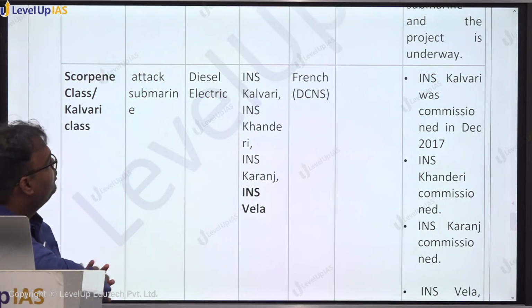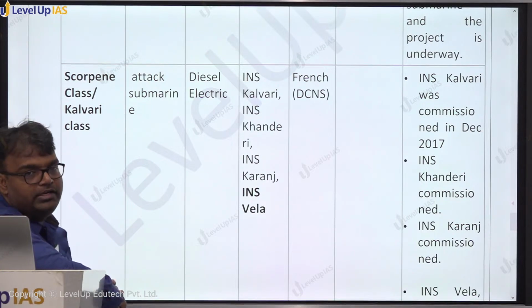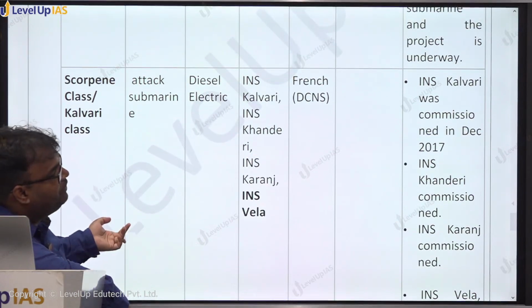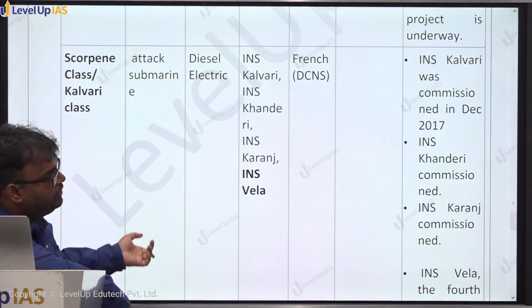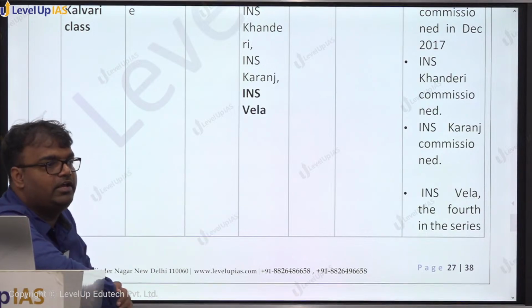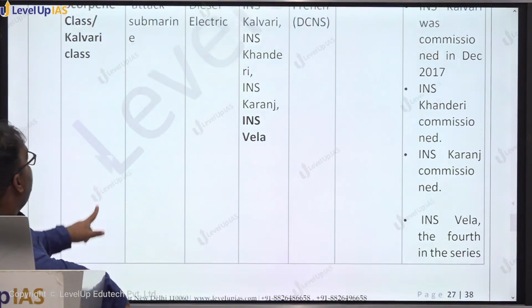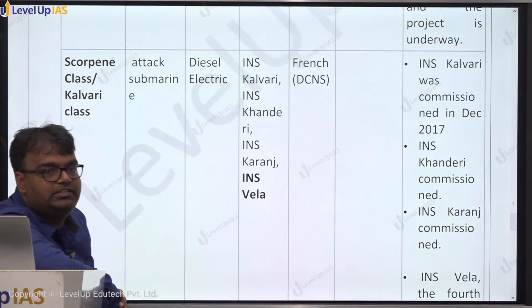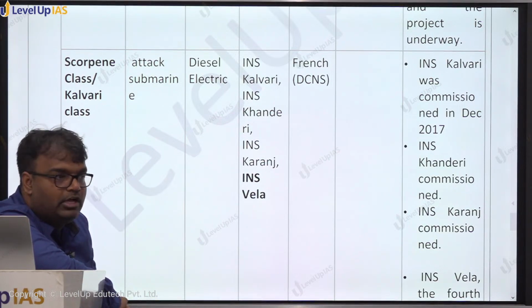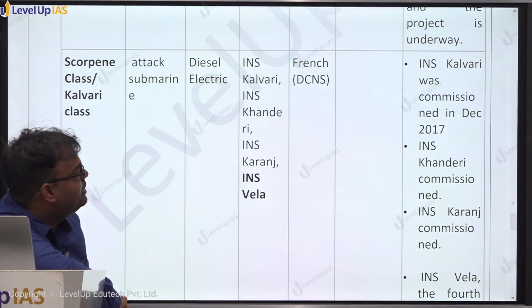Scorpion class submarine फ्रांस से लिया है हमने, and it is diesel electric, it's not nuclear powered. इसके Scorpion class और Kalavari class का we have INS Kalavari which was commissioned in 2017, Khanderi which has been commissioned, Karanj has also been commissioned, in fact Vela has also been commissioned. So all these are Kalavari class or Scorpion class submarines.